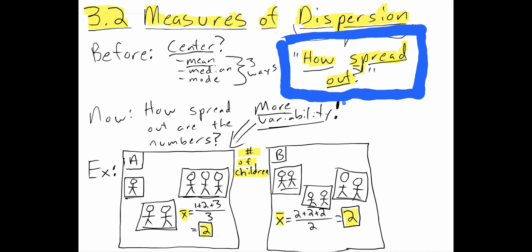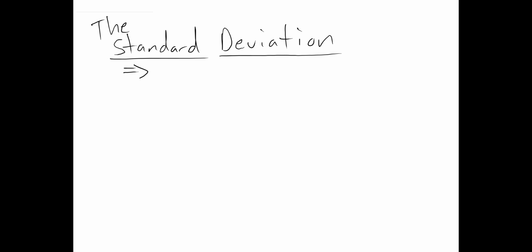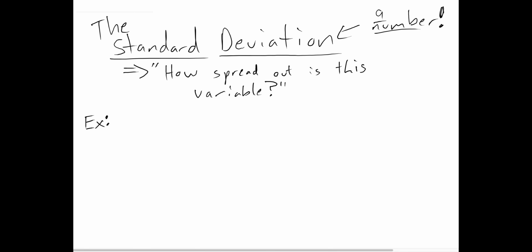That is our goal. So how are we going to do that? We are going to use a new type of number called the standard deviation. This is a number that answers the question, how spread out is this variable?